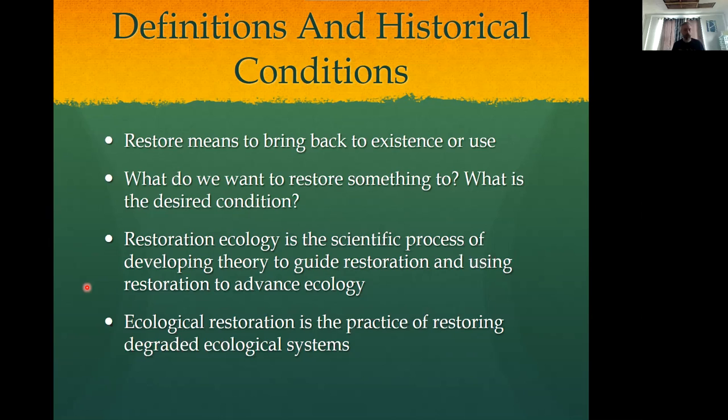What's the theory, the higher-level, top-level science behind all this? And then we're going to flip that around and do ecological restoration, going from theory to practice. This is the boots on the ground. This is you've got a shovel and a pickaxe and some seeds, and you're actually doing stuff. So restoration ecology is the theory, ecological restoration is the practice.